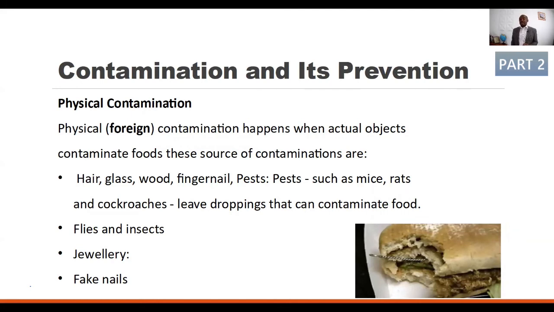Remember, it is all about the consumers and the customers, so that they don't get sick because of the love of our nails. We have to get rid of them if you really want to work in the kitchen.